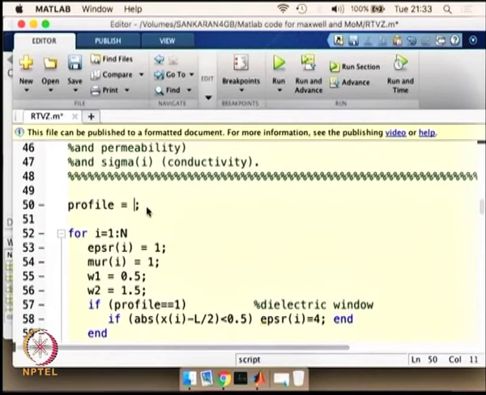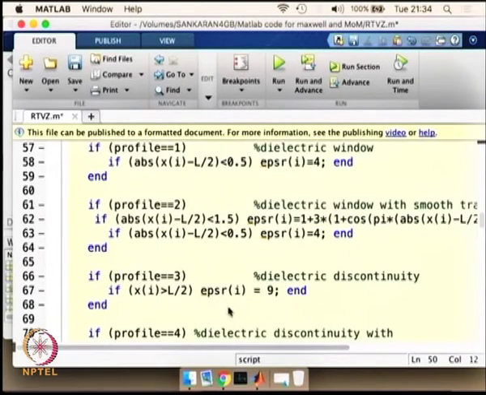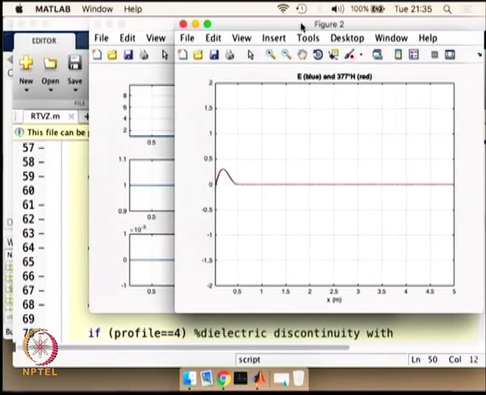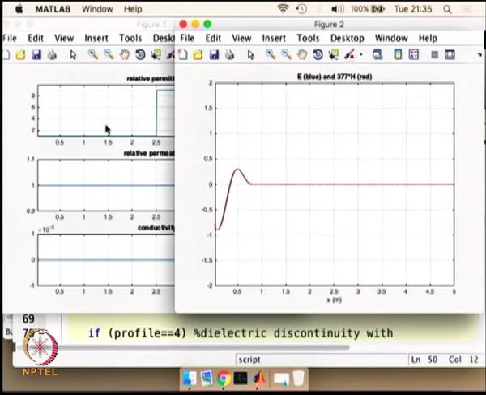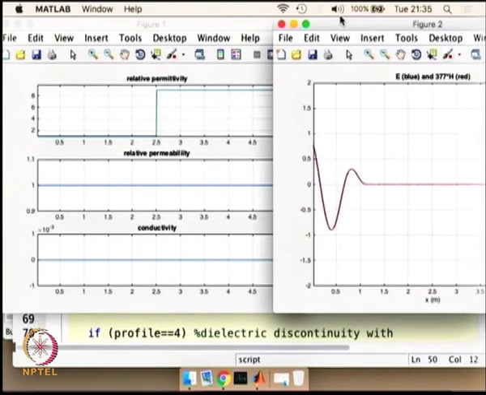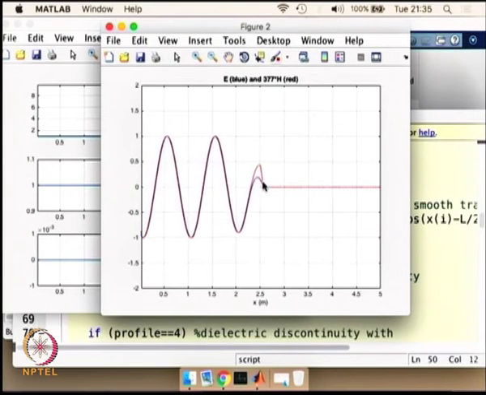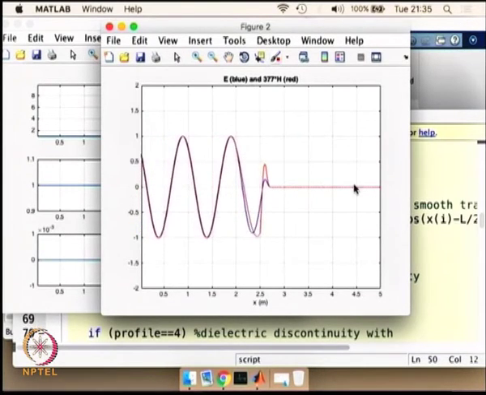Maybe we will go for profile 3, a cubical profile. What we are seeing is a step change that is going to infinity. So what I mean is the wave enters and stays inside this particular domain. So what you see is there is an infinitely long step. So it's a step that is going forever, and the wave is going to stay inside the same medium x, and it's not going to emerge out in the free space.